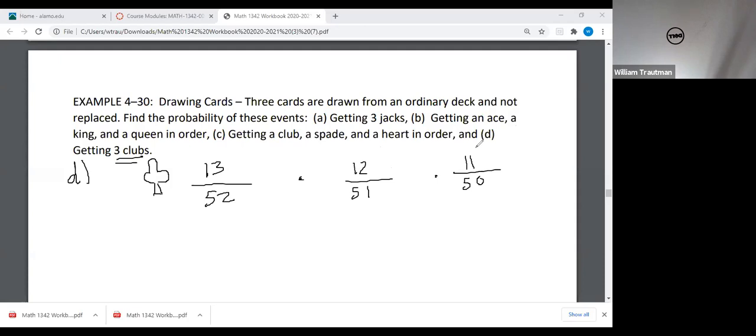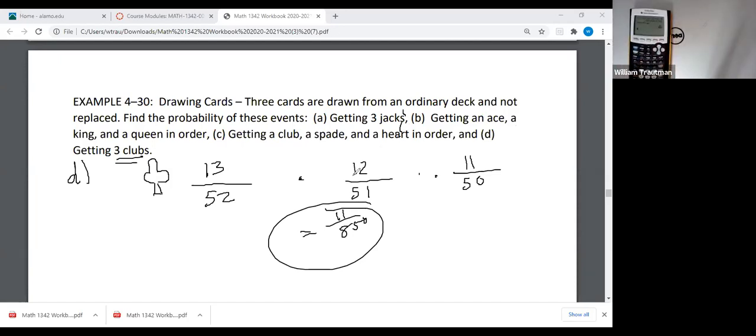Math number 1. And my calculator says 11/850 when I put that in my calculator.